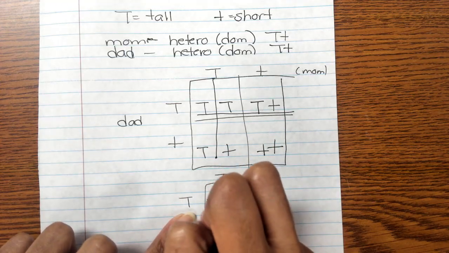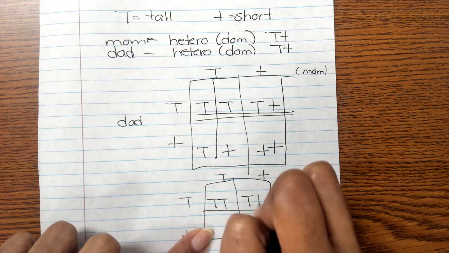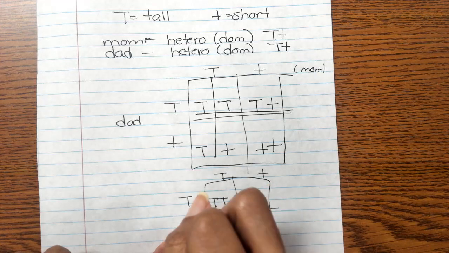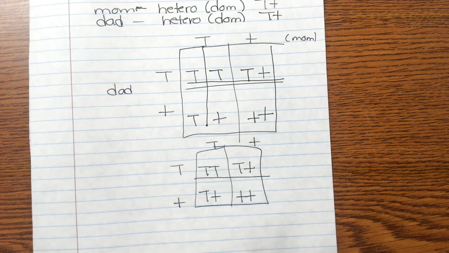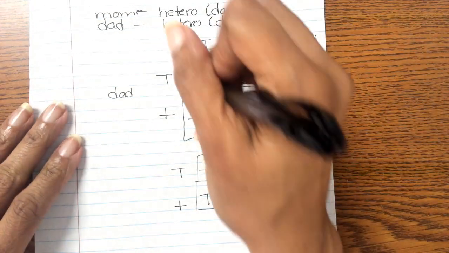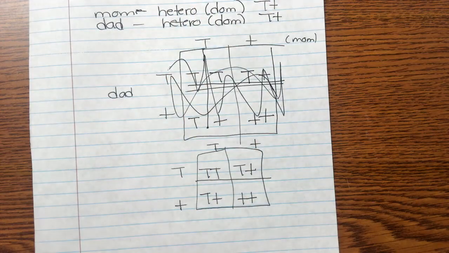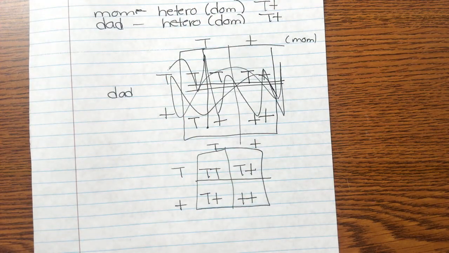All right, so big T, little t, right here. Big T, little t, little t, little t. Okay, that's a little bit better. I had too many lines in here. I didn't want to confuse you or myself.